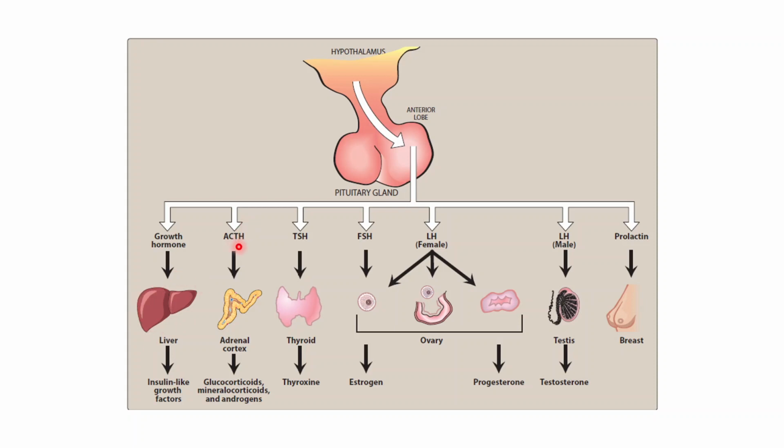Then adrenocorticotropic hormone, so corticotropic, that is why it will stimulate the production of glucocorticoids and also mineralocorticoids and androgens. And then thyroid stimulating hormone will produce thyroid hormones like thyroxine and triiodothyronine. There are two of them.